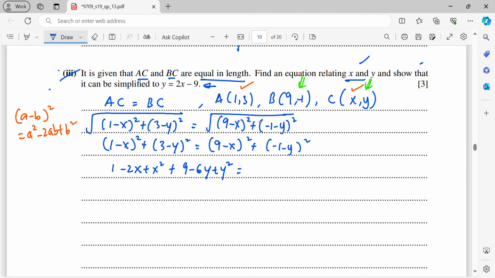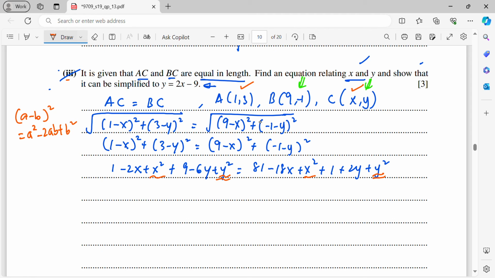Right hand side, when you expand (9 minus x) squared, I will be getting 81 minus 18x plus x squared, and then (minus 1 minus y) squared is 1 plus 2y plus y squared. Looking here, the x squared is on both sides, so you can cancel it off. Same goes for the y squared.